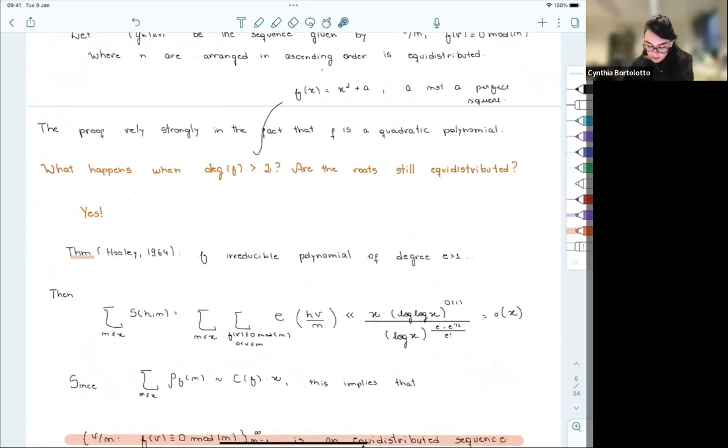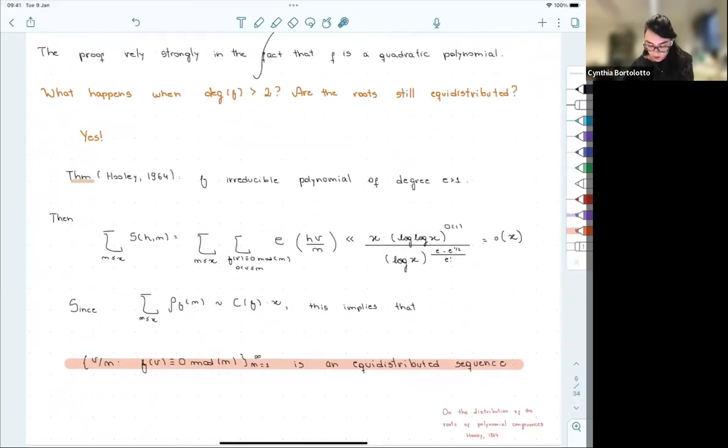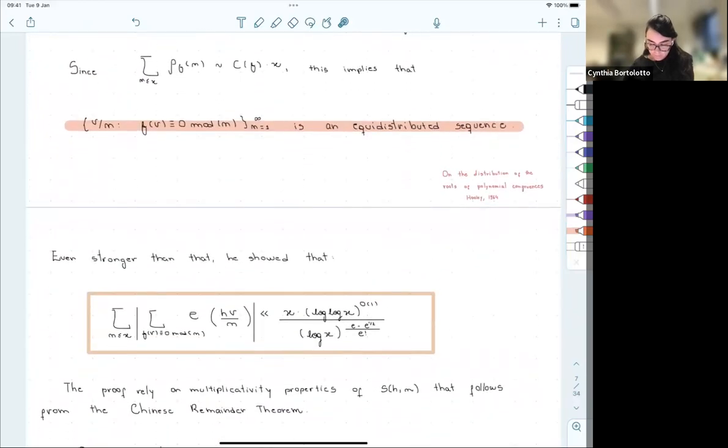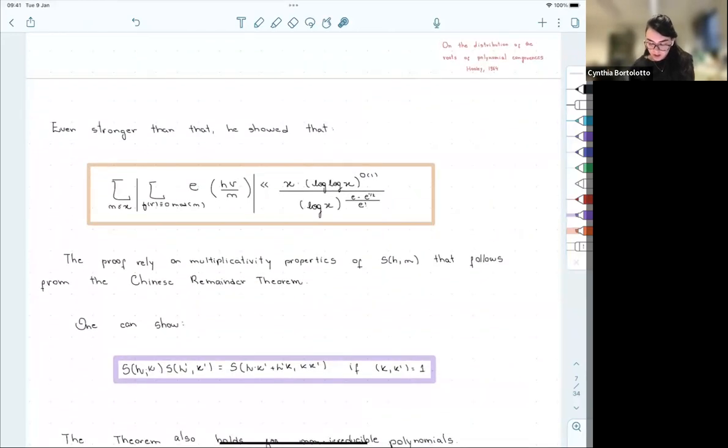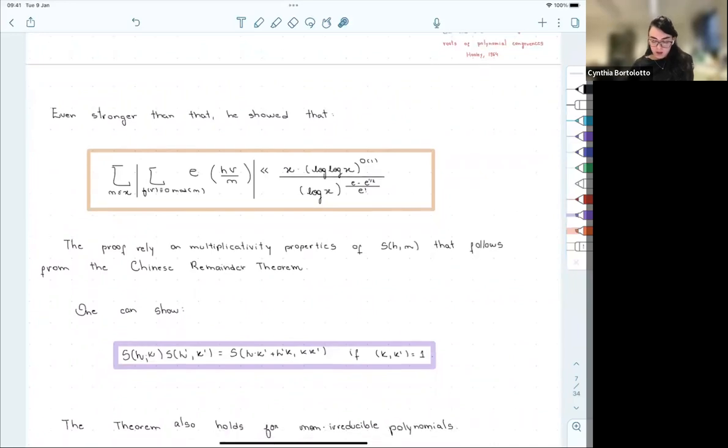But in this case here, we use something very different. We use some multiplicativity property of these sums, and they rely very strongly on the Chinese remainder theorem. So what he did was he proved this.